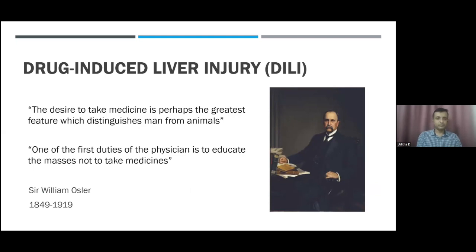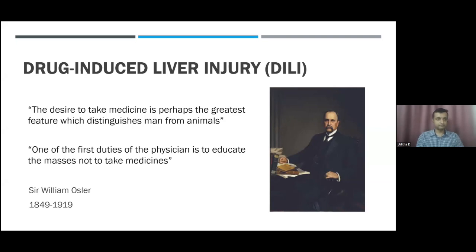He also went on to say that one of the first duties of the physician is to educate the masses not to take medicines. So it's more important to tell people when not to take medicines than when to take medicines.